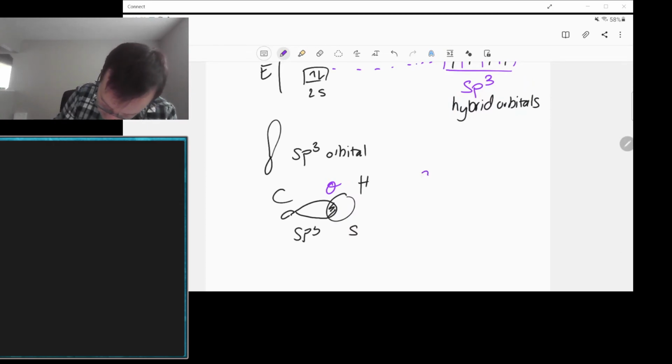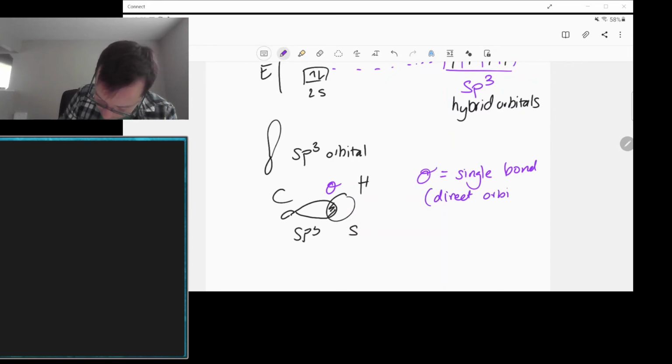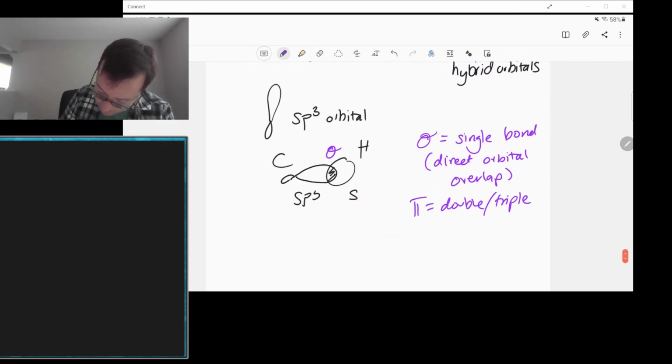And so sigma bonds are going to be our single bonds, and these are direct orbital overlap. Whereas pi bonds, those are going to be your double and triple bonds, and those are partial overlap.